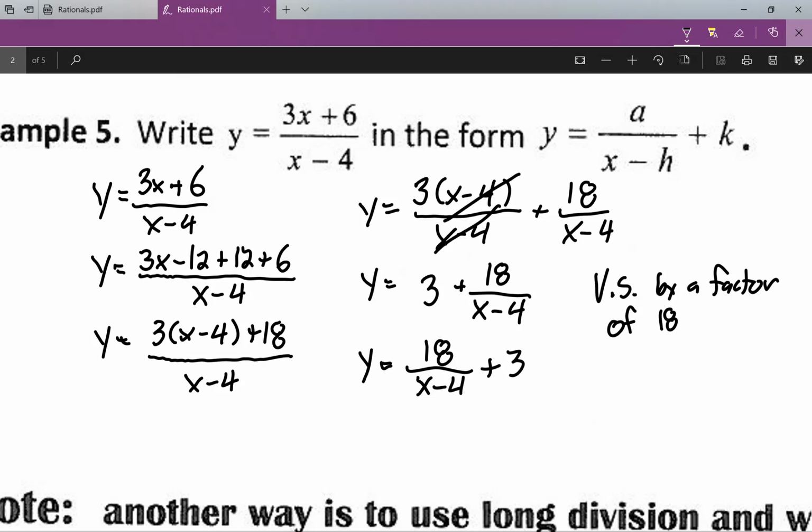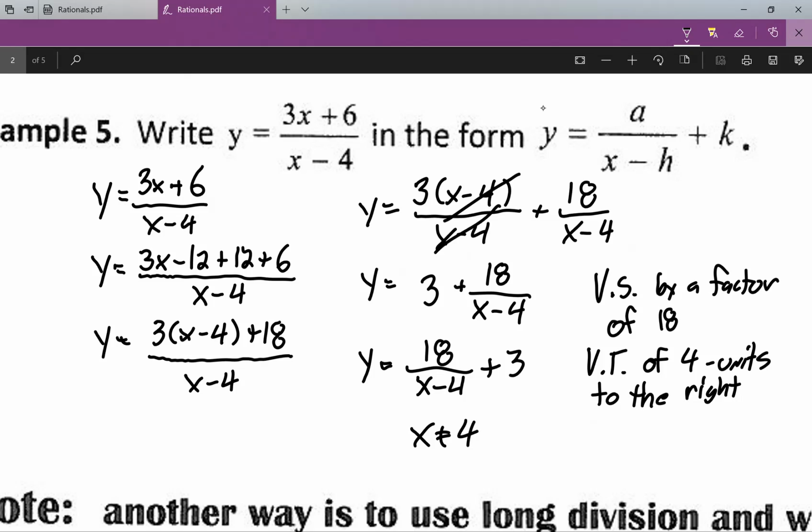I see that I have the x minus 4, so that gives me the restriction that x does not equal 4. And that also tells me that I have a translation of 4 units to the right. Or rather, my vertical asymptote has moved 4 units to the right.